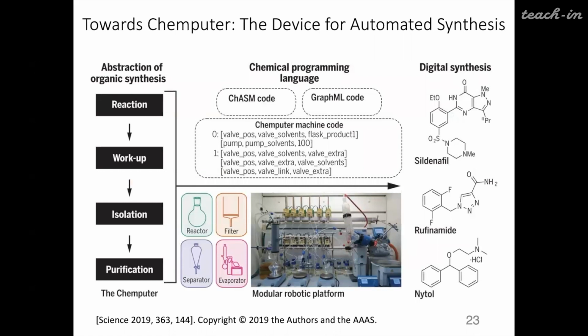Let's discuss the series of works that describe the development of the computer. So in the first work, the authors proposed such a system that was used to synthesize several organic molecules, and such an automatic platform is quite complex, in fact.